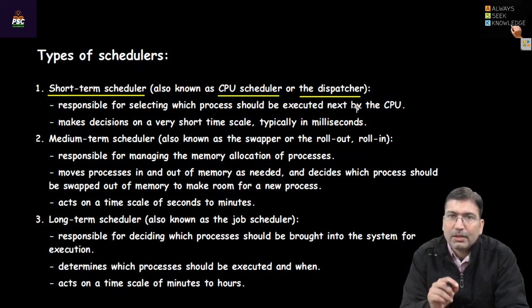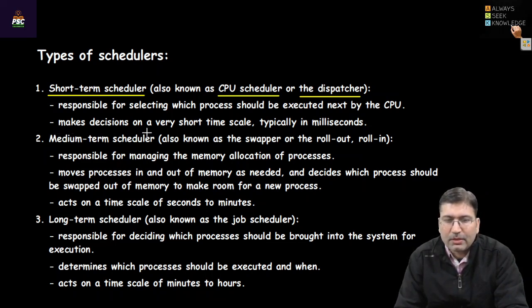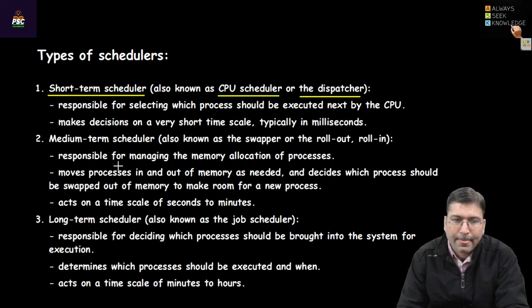It decides the next process to be executed by the CPU, and it makes the decision on a very short time scale, typically in milliseconds. That's why it is considered the short-term scheduler. It works on the ready queue, right?